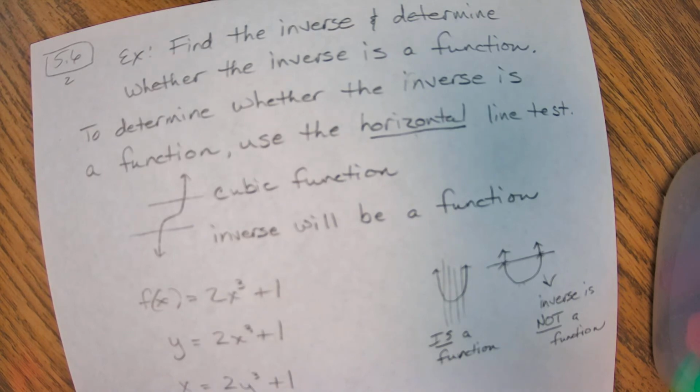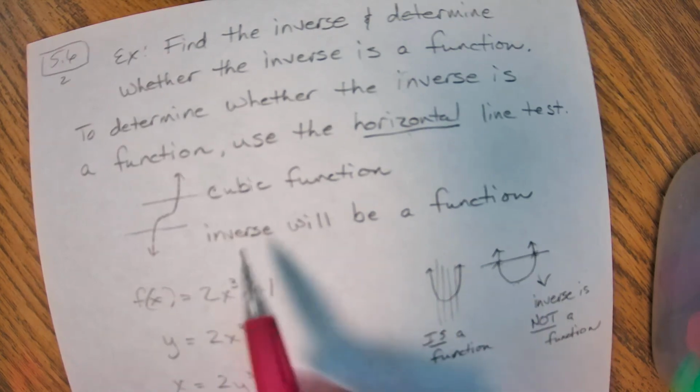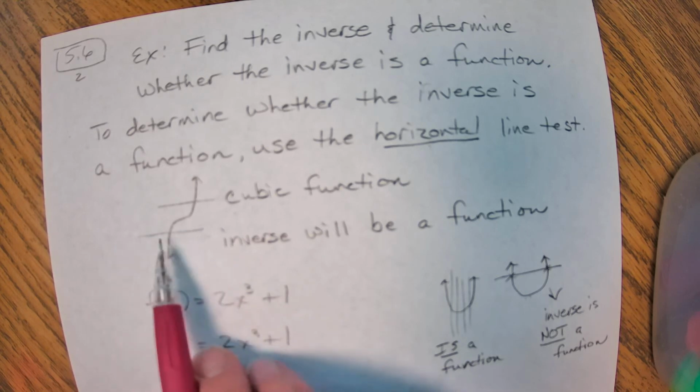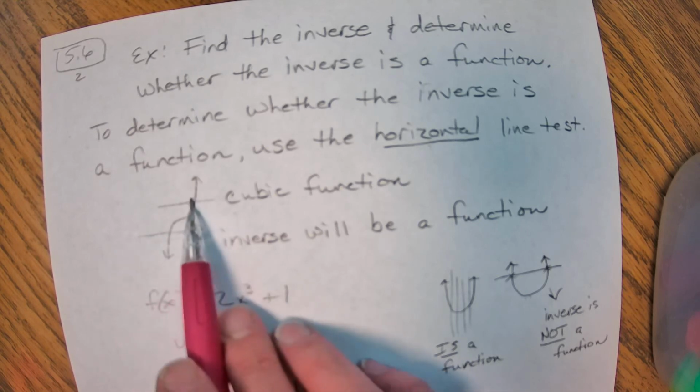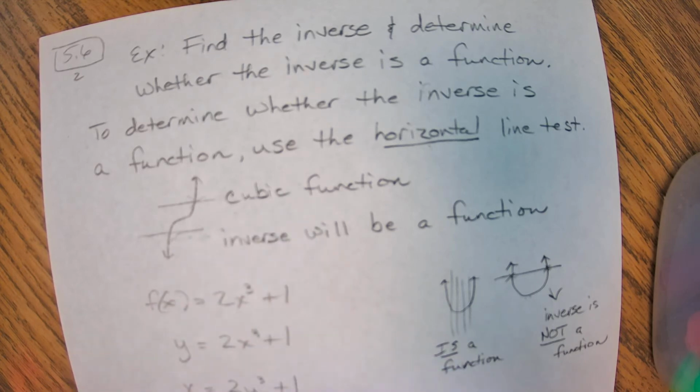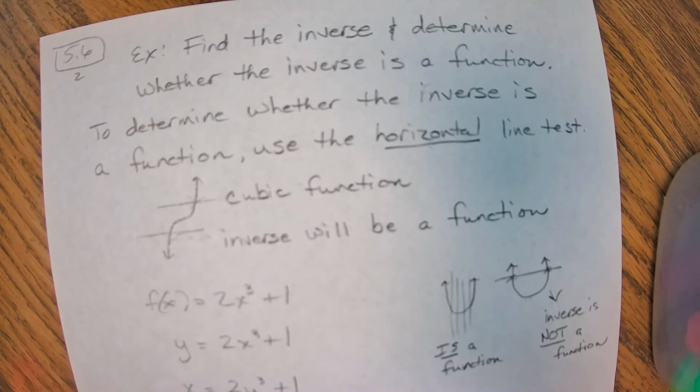So think about a cubic function. For all cubic functions, if I drew a horizontal line anywhere on that graph, I'm only going to hit the graph once. So the inverse of a cubic function will also be a function.